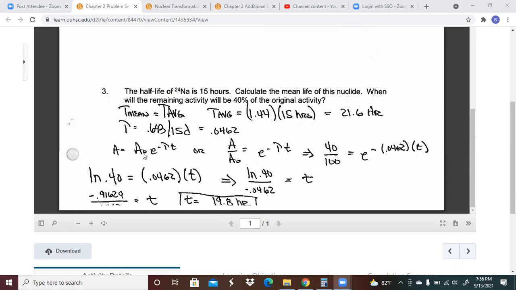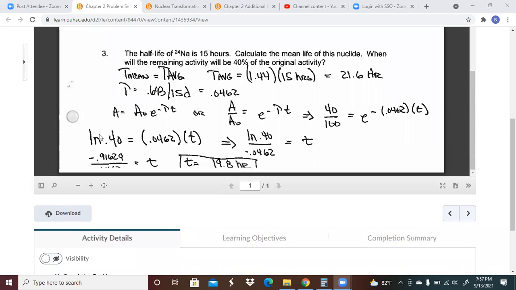So we've answered the first part of this. For the activity at 40%, basically we take the equation here for activity, divide both sides by A0. In order to get 40% over here, basically it's 40 divided by 100. So we would have 40 divided by 100 is equal to E raised to this power. So we're going to take the natural log of both sides.